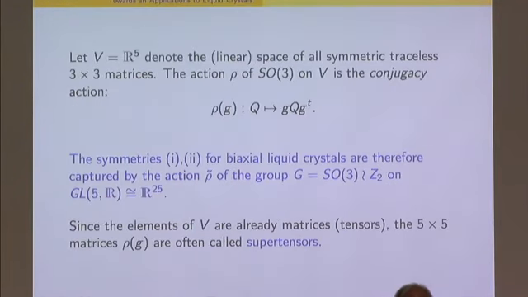If our space V is in R5, the space of symmetric traceless 3 by 3 matrices with this action, and if we do have these two symmetries, then we act with our group SO3 with Z2 on the space R^25, which is equal to the general linear group in 5 dimensions. So the elements of V are already matrices or tensors. So some people call these objects we are dealing with supertensors.